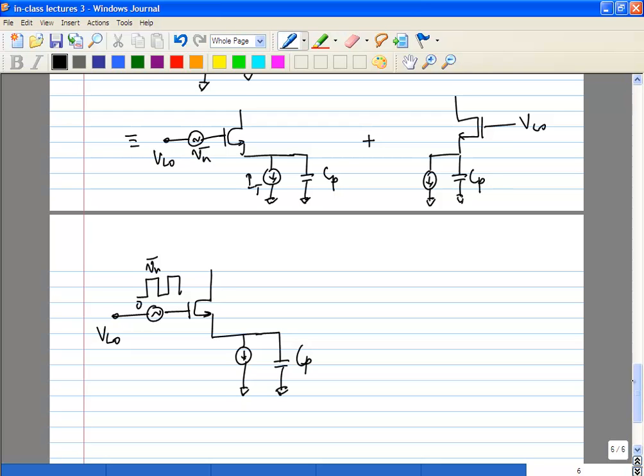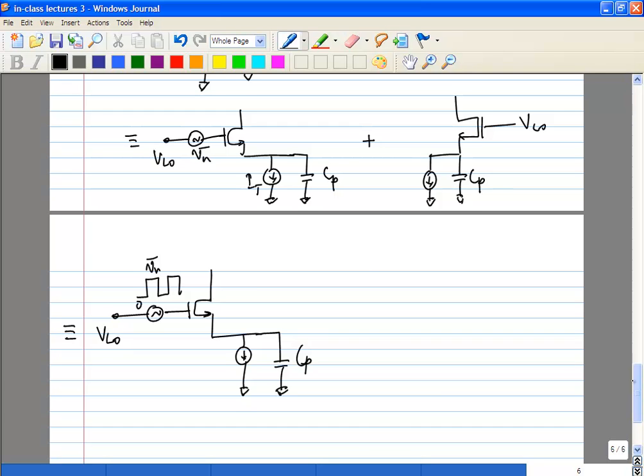Is that clear? So what is the difference between these two? The difference is just Vn. Apart from that, the input voltage is the amplitude VLO, the maximum value for most of the cycle. So you can just redraw the same thing with a switching voltage source between 0 and Vn. Is that clear?